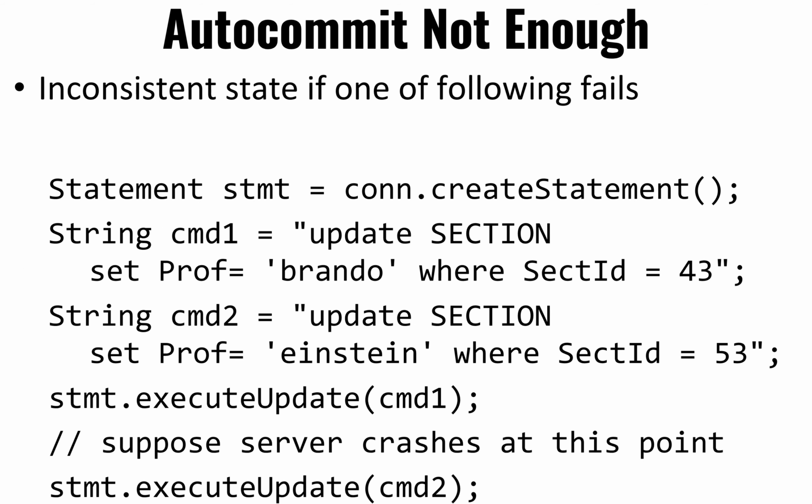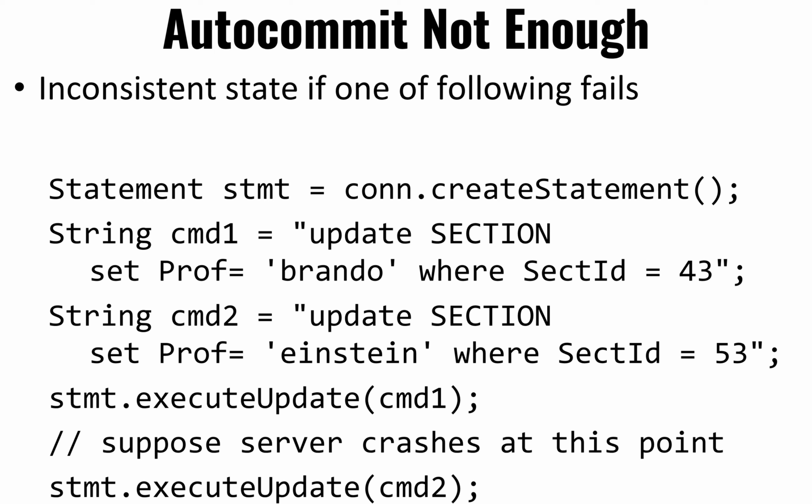So the first one might have multiple statements, where one of them is updating the professor for one section and the professor for some other section: Brando for section 43 and Einstein for section 53, all being done with different commands, command 1 and command 2. But notice what happens if only one of them is successful.